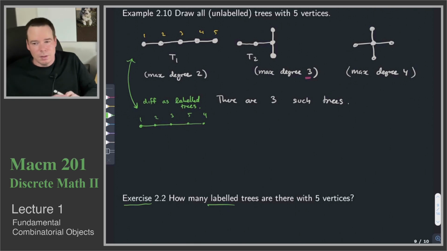And so we can consider each of those cases and then count within that case. And then the last one, we have that 4-spoke kind of wheel type shape. How many ways could I throw labels on those vertices and get different trees? So I'll leave that for you to ponder.